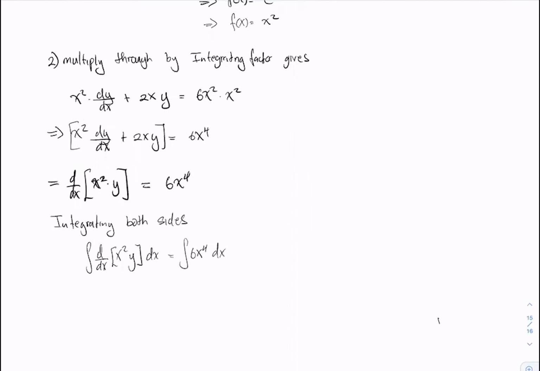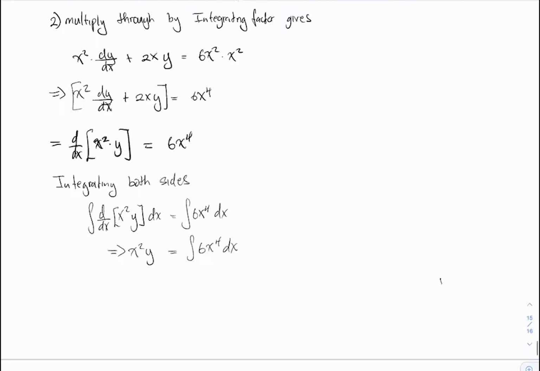So as you know, integration is a reverse process of differentiation. So this just gives us x squared y equals the integral of 6x to the 4 dx. Integrating 6x to the 4 power gives us 6x to the 5th power divided by 5 plus c.